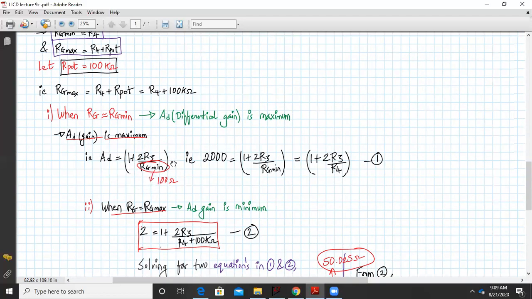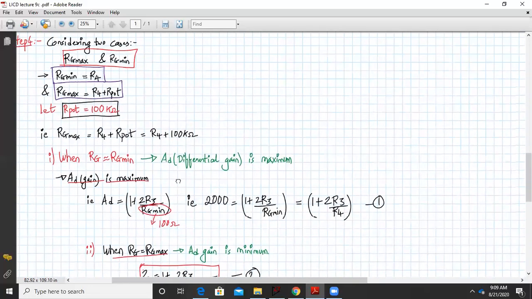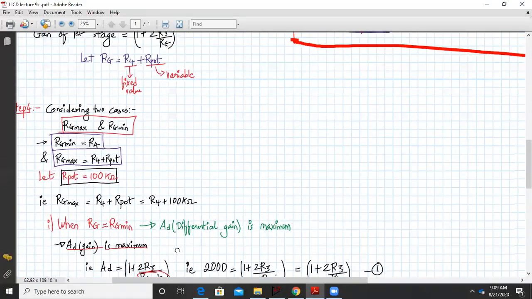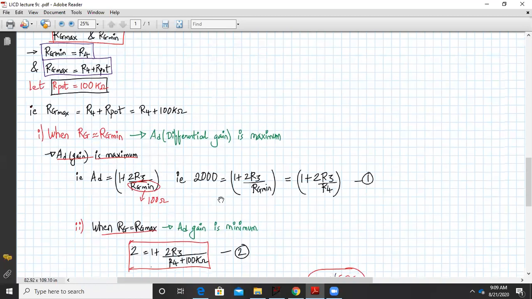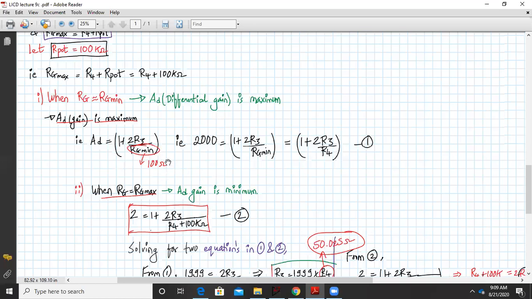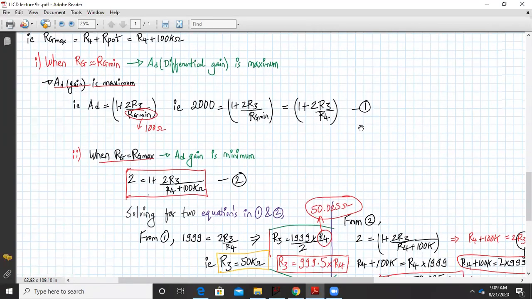And my value of RG minimum is R4. So 2000 is equal to 1 plus twice R3 upon RG minimum, that is equal to 1 plus twice R3 upon R4. Just ignore this 100 ohms, it is written by mistake. So this is my equation number 1.